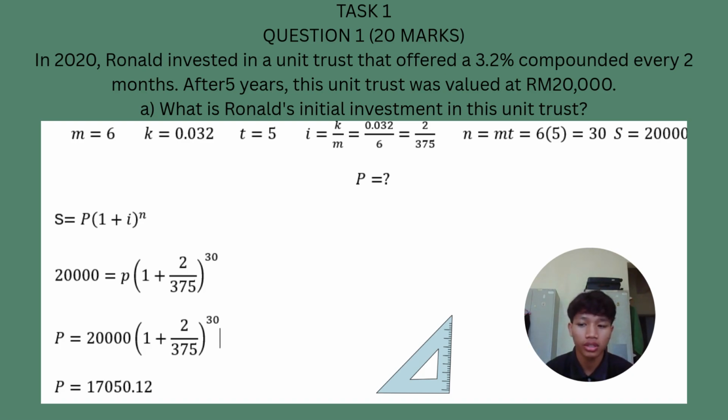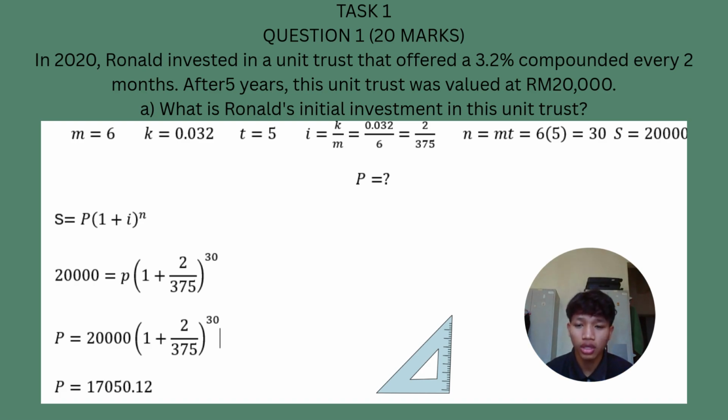Using the compound interest formula, S equals P, open bracket 1 plus I, close bracket, to the power of N. We replace S with 20,000 equals P, open bracket 1 plus 2 over 375, close bracket, to the power of 30.